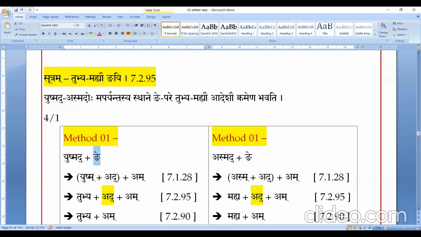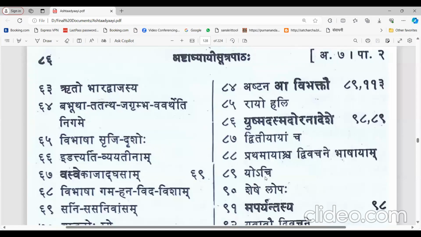Now you see, what pratyaya is nye replaced by? Am. Therefore, adesha ajadi vibhakti pratyaya follows. Therefore, what will happen? Now you see the sutra. Yochi: anadesha ajadi vibhakti pratyaya follows, yakaradesha comes.